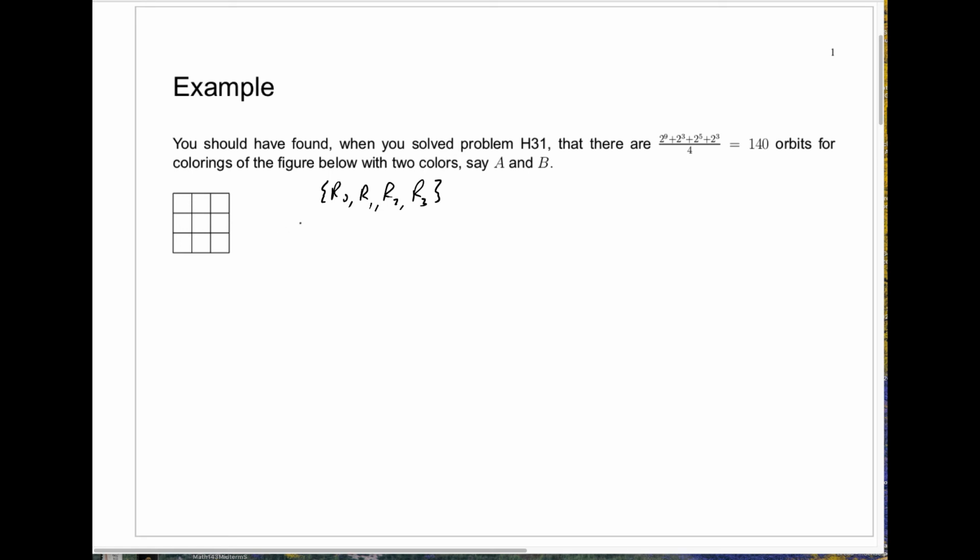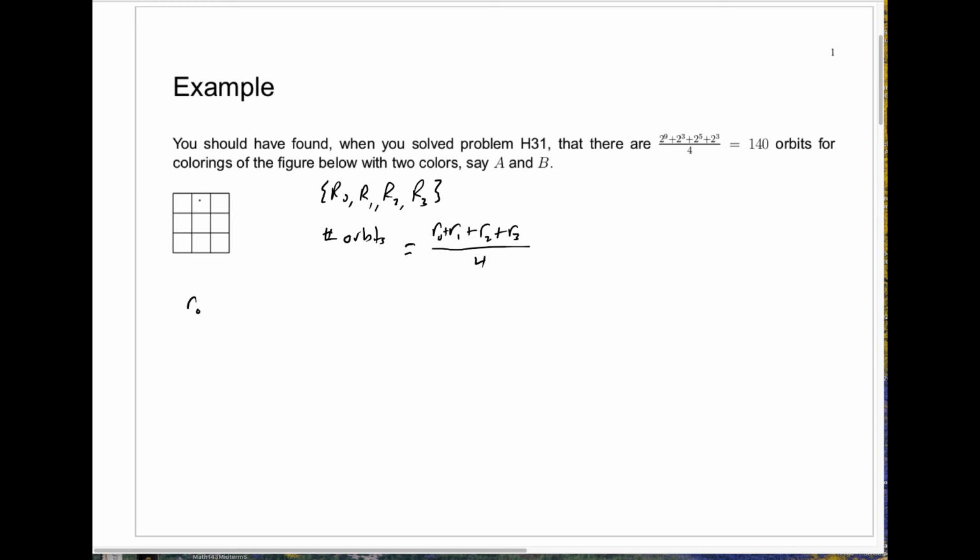We developed a formula for counting the orbits, which is the number of distinct colorings, and that formula said we just have to add the invariant numbers for these four rotations, R0 plus R1 plus R2 plus R3, and divide by the number of rotations here. That's just 4. So that will give us the total number of orbits, which is the same as what we mean by the total number of colorings.